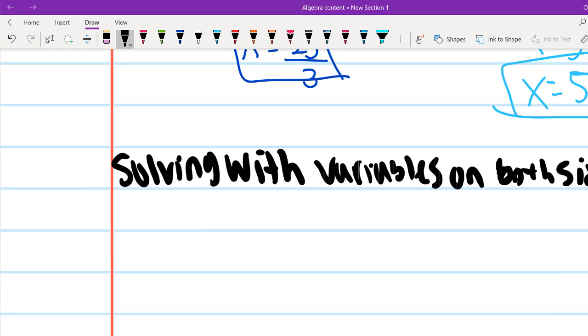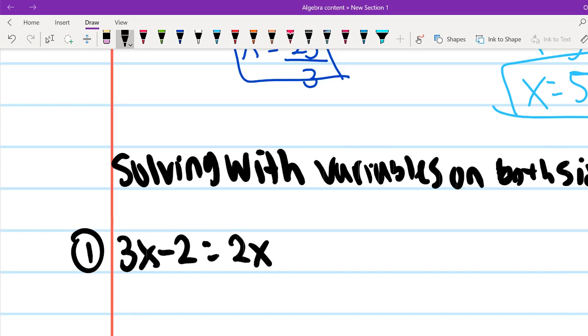So one example is 3x minus 2 equals 2x plus 5, for example.